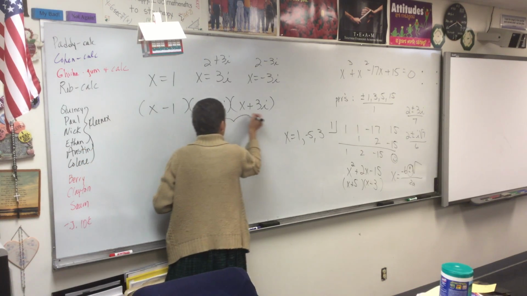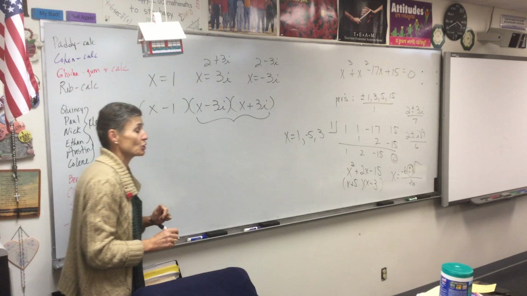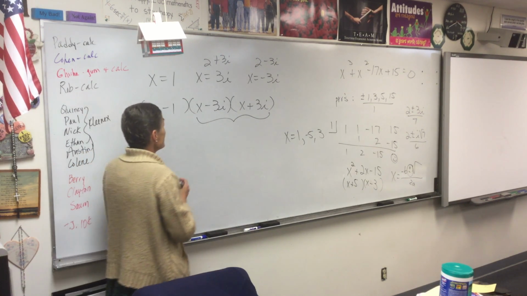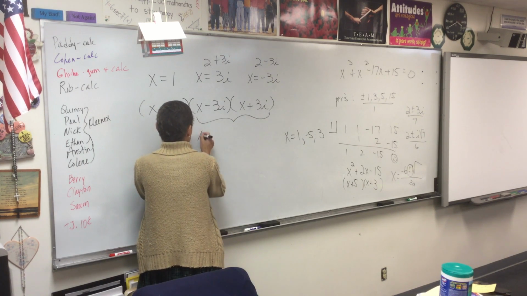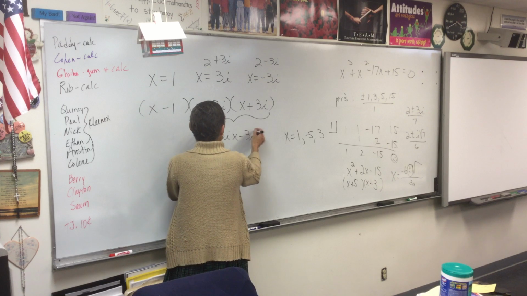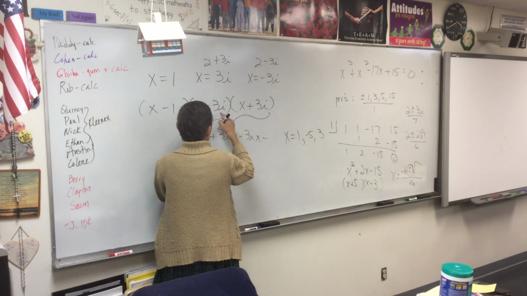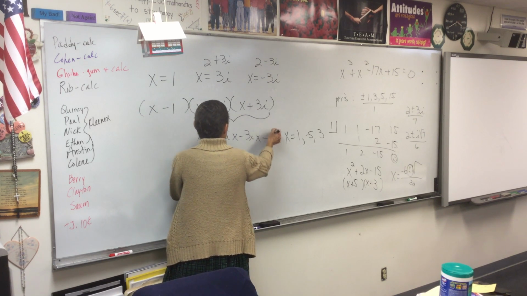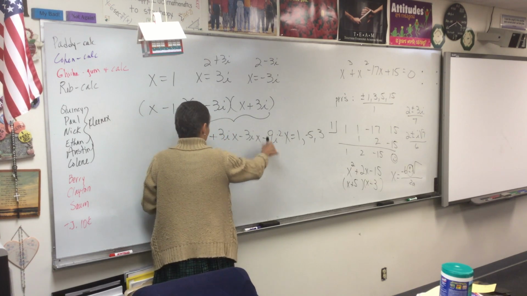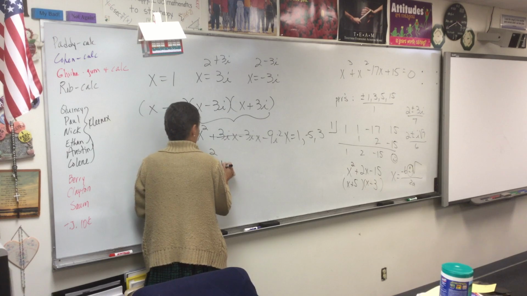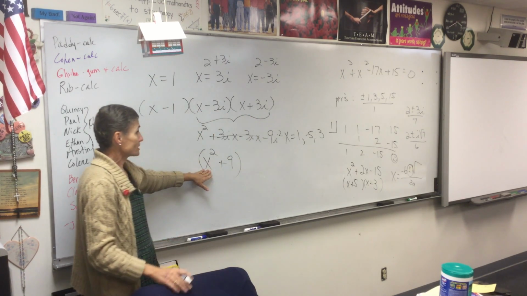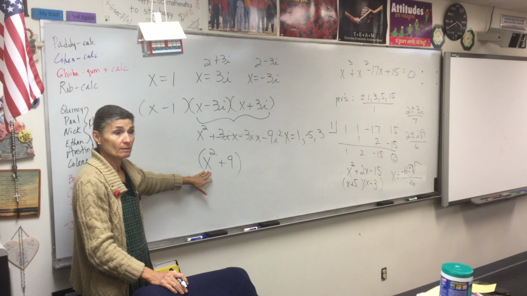I always suggest multiply the conjugates first, because a bunch of stuff will cancel out. So I'm going to do this foiling, and notice what happens. Be careful here. Last times last is minus 9i squared, but that's plus 9, so x squared plus 9.